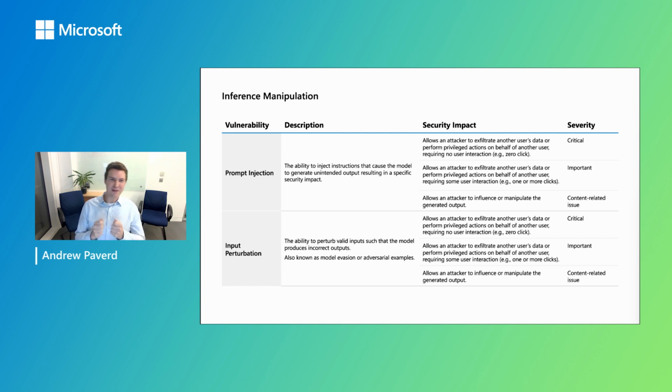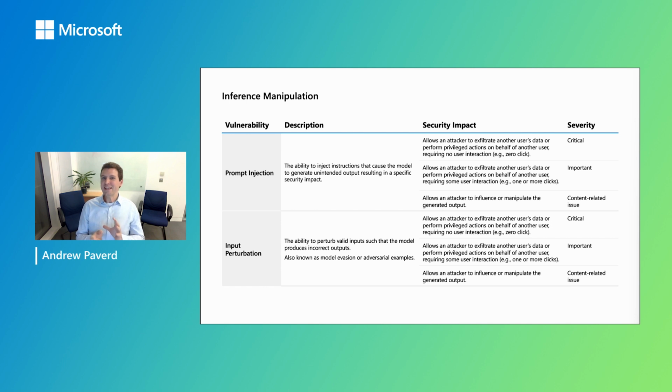If, for example, you're able to find a prompt injection that can have some immediate impact without any interaction from the victim, so for example, a zero-click exfiltration of data or performing some privileged action on behalf of the user without them having to do anything, that would be a critical severity vulnerability.